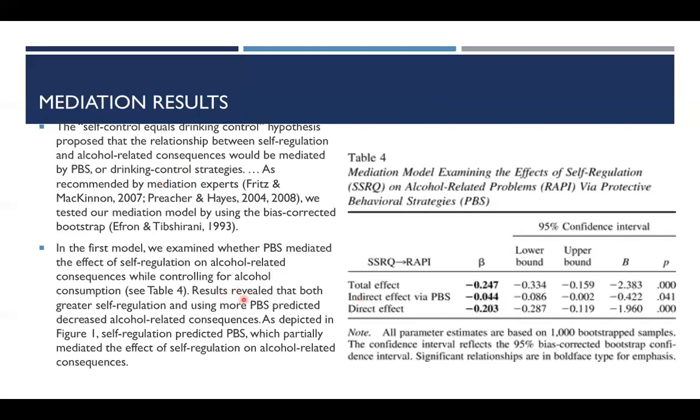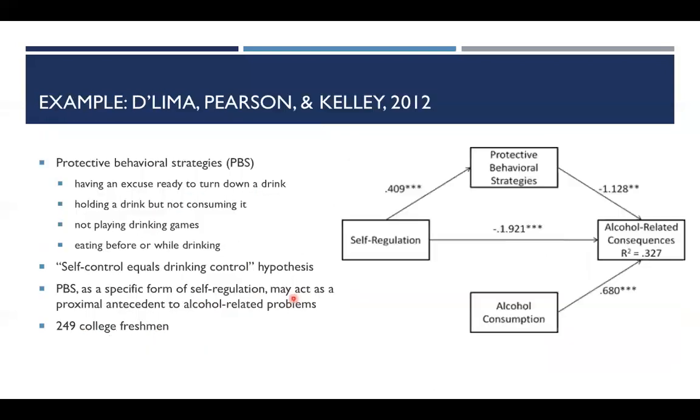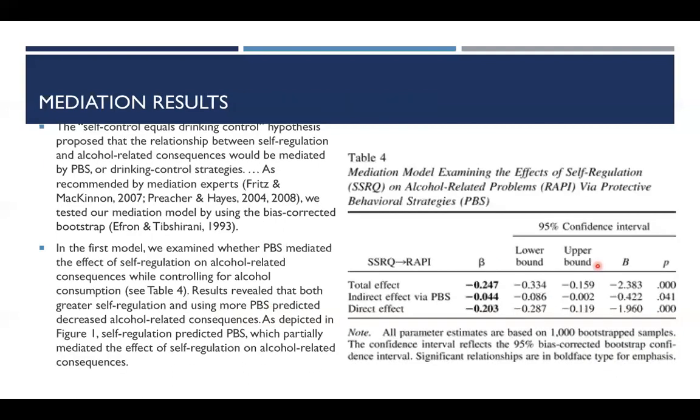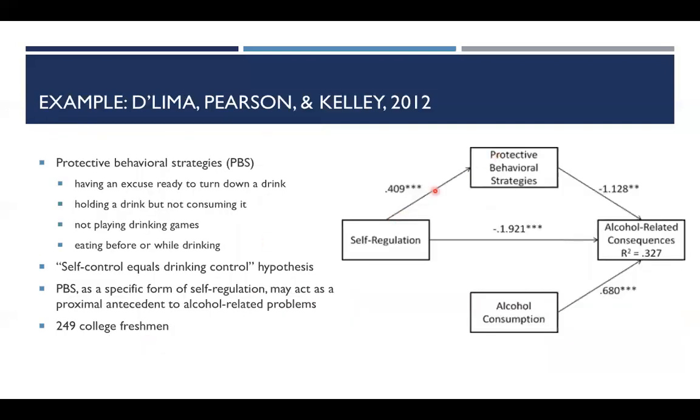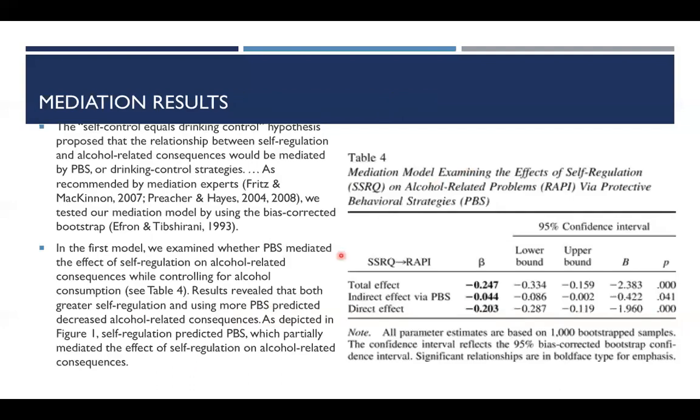Results revealed that both greater self-regulation and using more PBS predicted decreased alcohol-related consequences. So we can see that over here in that the strategies reduce alcohol-related consequences and self-regulation reduced alcohol-related consequences. As depicted in figure 1, self-regulation predicted PBS, so that's path A right here, which partially mediated the effect of self-regulation on alcohol-related consequences.